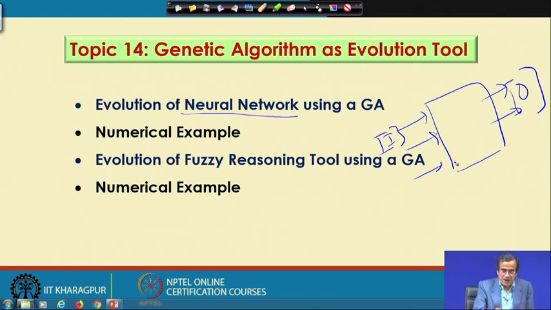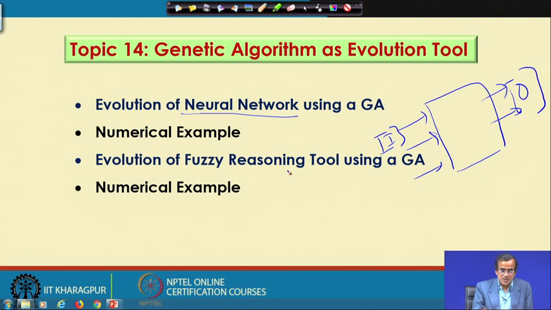So, we took the help of a multi-layered feed forward network, whose performance depends on the connecting weights of the different layers of the network, the coefficient of transfer function of these neurons, and the bias values, and of course, it depends on the topology.